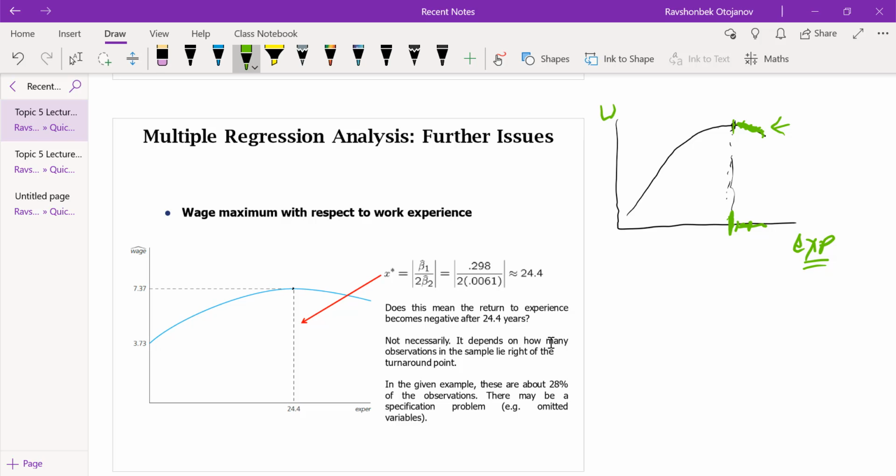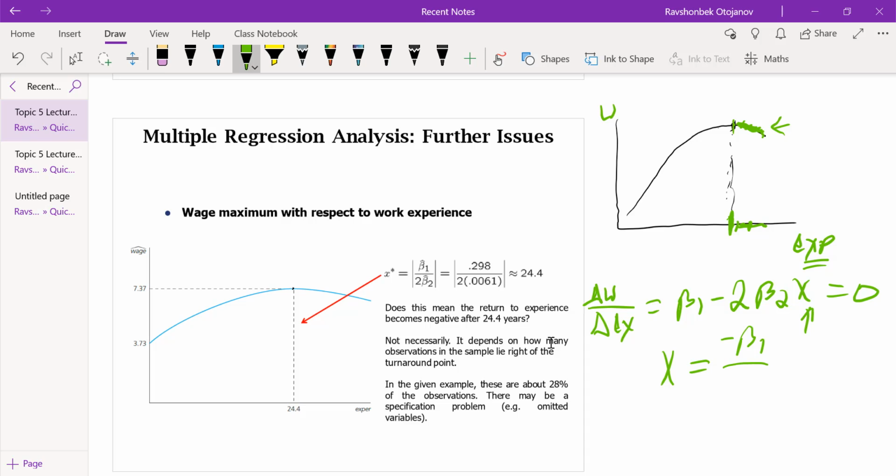We take the derivative, so delta w over delta experience, if you remember, was beta 1 minus 2 beta 2 x. Now set this to 0 and solve for x. That gives us x equals beta 1 over 2 beta 2.